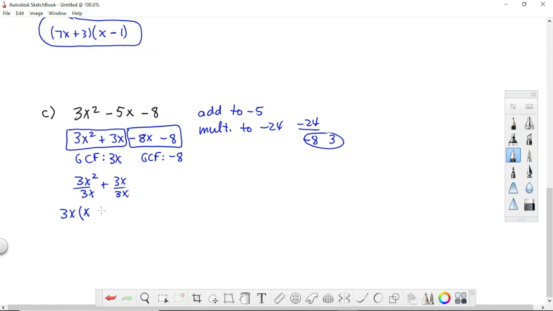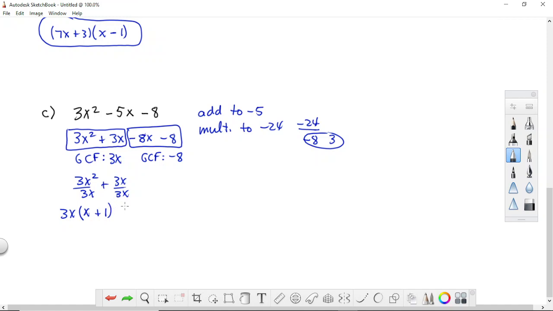And then here 3x divided by 3x is 1. Okay? If we multiply this back like this, we should get back to that. And we do, 3x squared plus 3x. Okay? Checking that as you go sometimes just helps eliminate some errors.